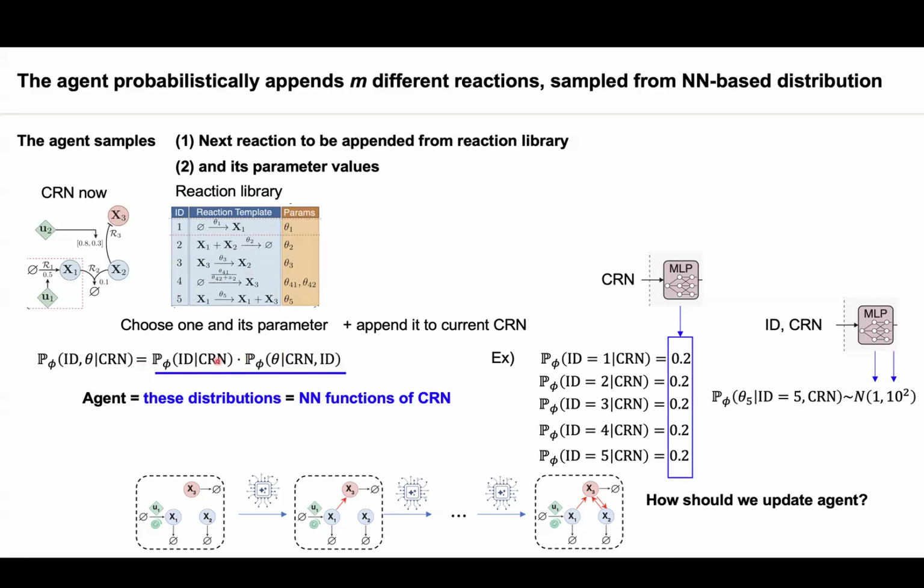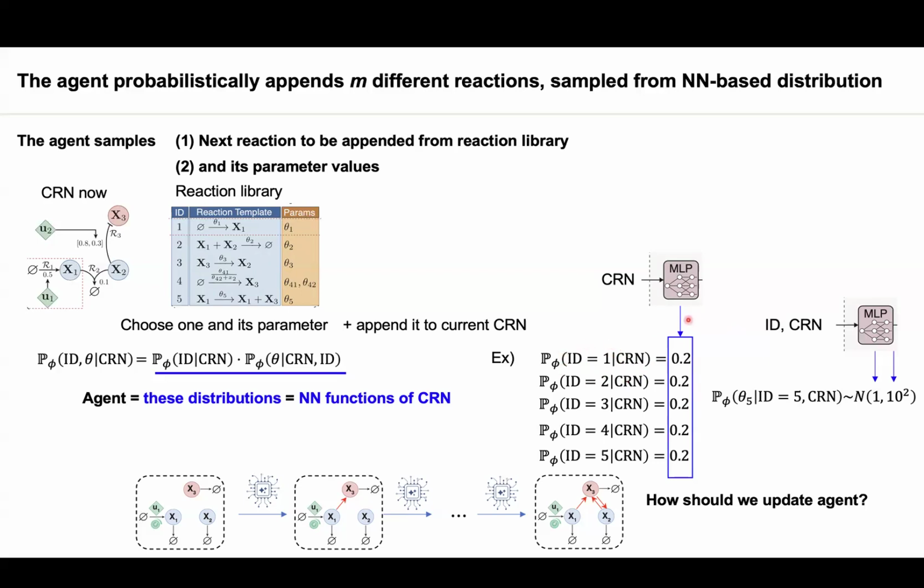And to form these two distributions, for example, this distribution will be something like this. Given the CRN, we have the discrete probability distribution for the ID. In other words, it is the function of the CRN which gives us the probability of this ID.